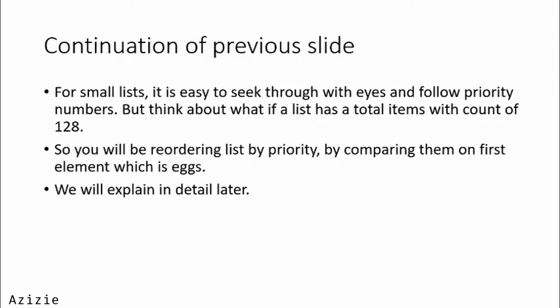If we were to use any other sorting algorithm, for example selection sort, it has a best case complexity of O(n squared). So the n will be 128, and we will need to square 128, and it will take a long time for the computer to process.